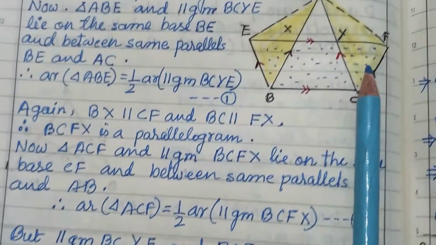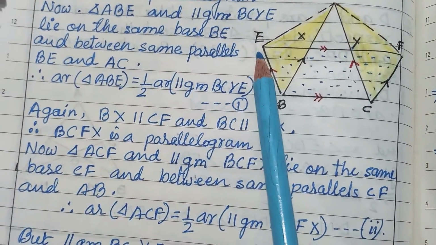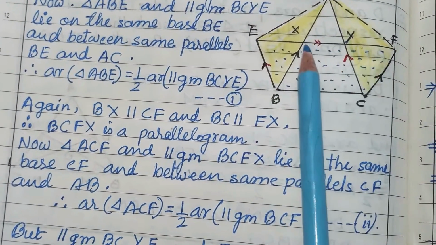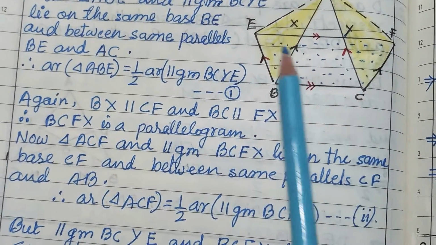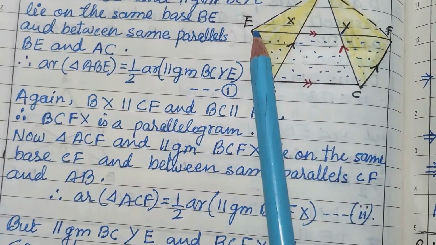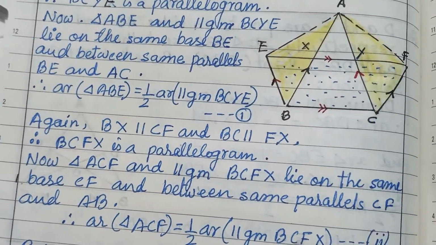Now these two parallelograms, parallelogram BCYE and BCFX, are on the same base BC and between the same parallels BC and EF. Therefore the areas of these parallelograms are equal.